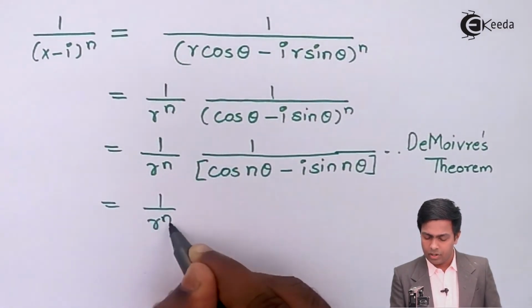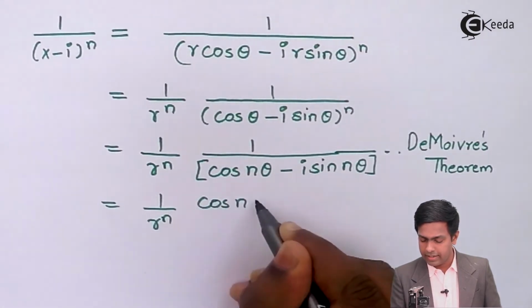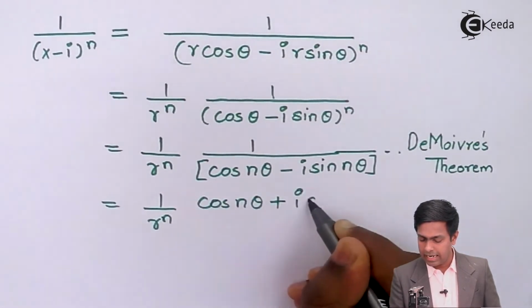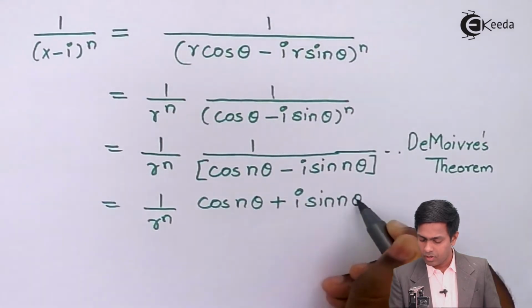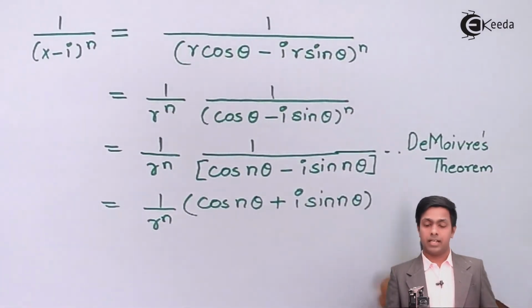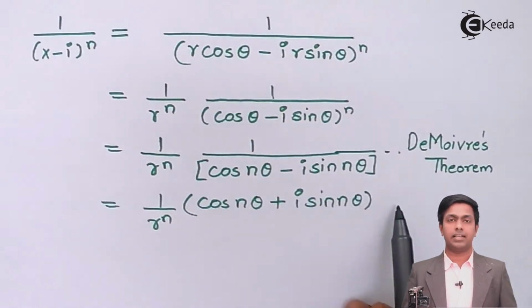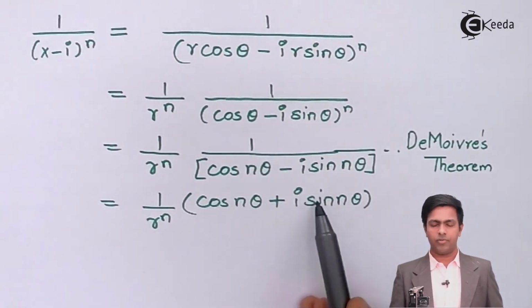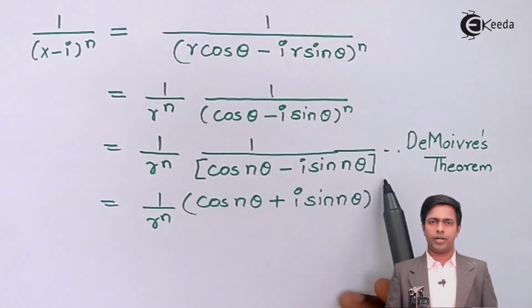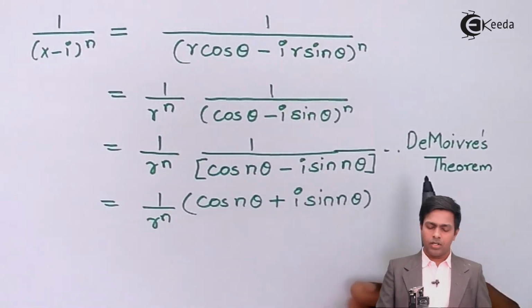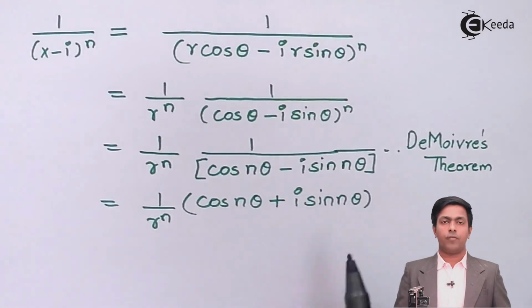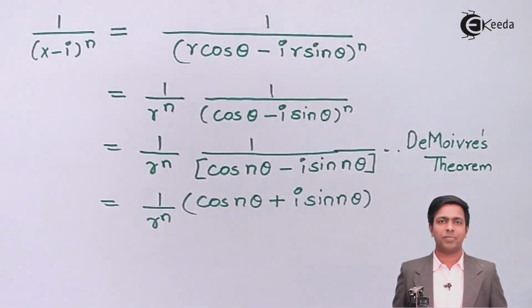In the numerator 1 into this term will be the same term, and in the denominator we will get 1. So this is the answer of 1 upon x minus i to the power n.